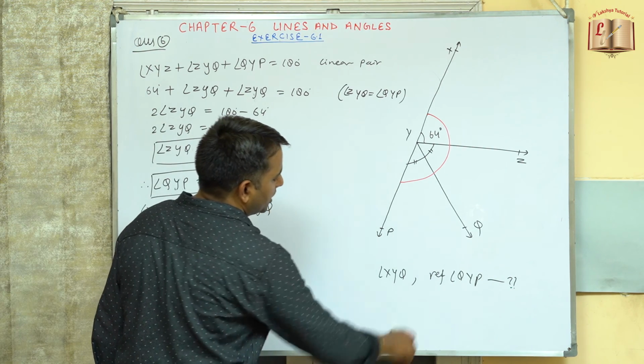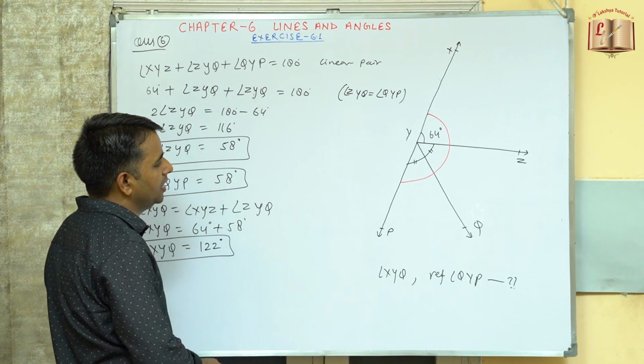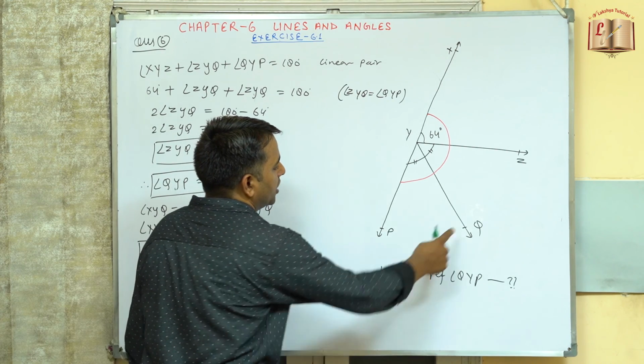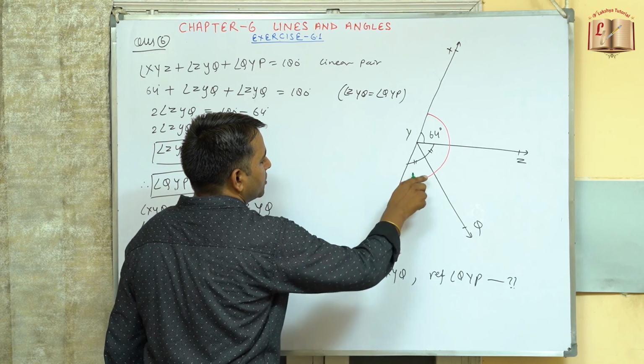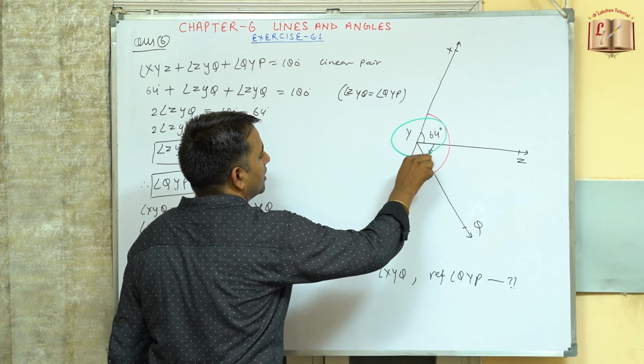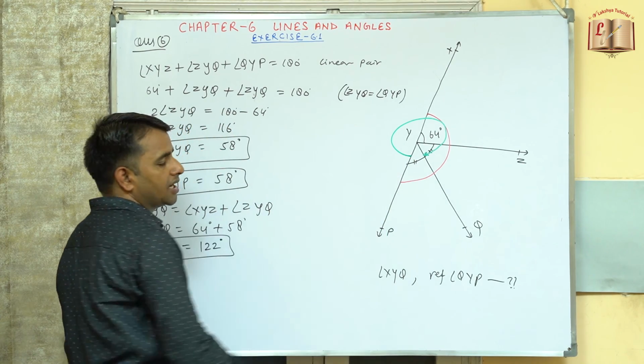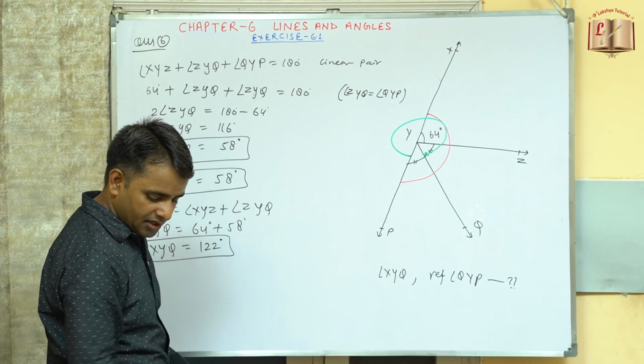Now we need to find the reflex angle QYP. This is angle QYP, which we got as 58 degrees. The reflex will be this angle, meaning 360 degrees minus this angle.